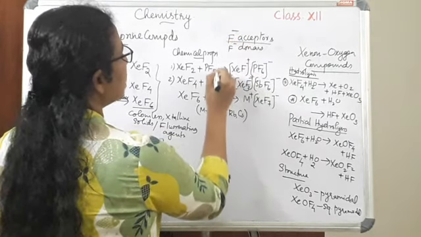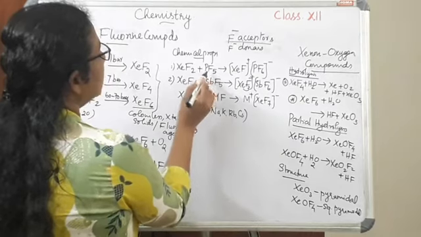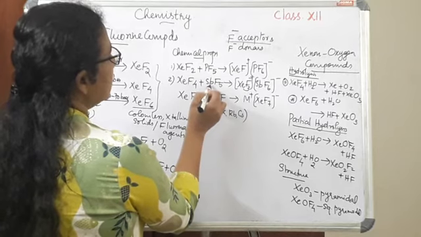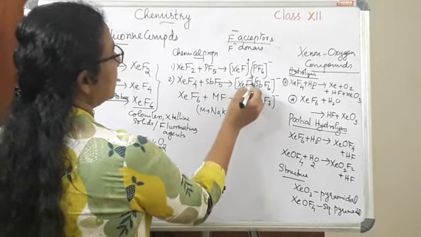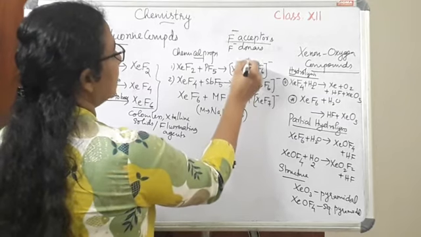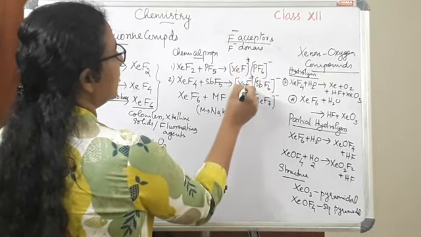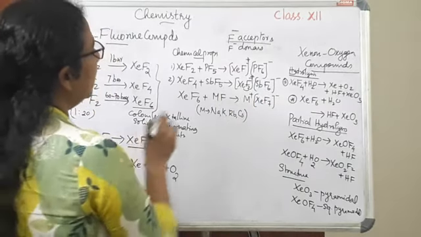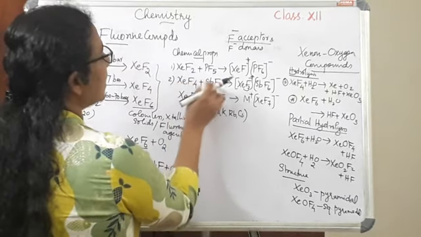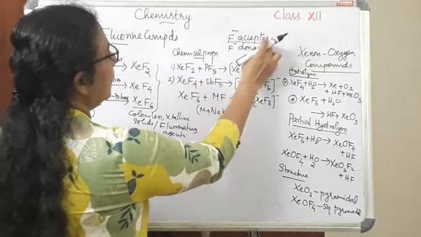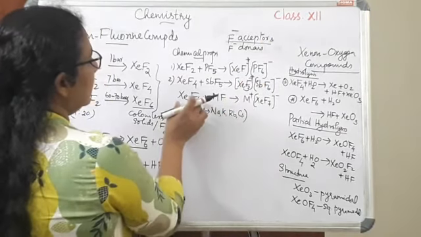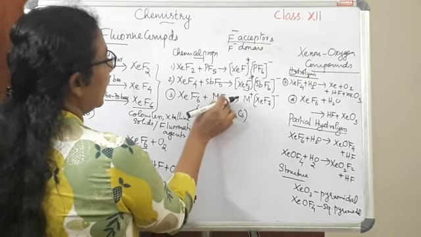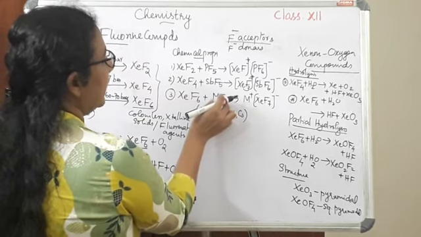So F- acceptors are there, and the xenon fluorine compound reacts with F- acceptors to form a cationic species. Here we can see the cation XeF+. Here it is XeF3+. So cationic species are formed when the xenon fluorine compounds react with fluoride acceptors. Then the xenon fluorine compound reacts with a fluoride donor, MF.